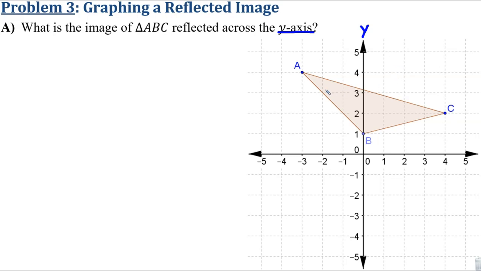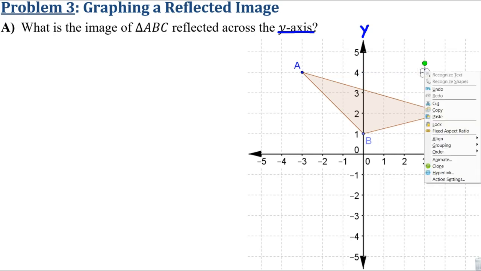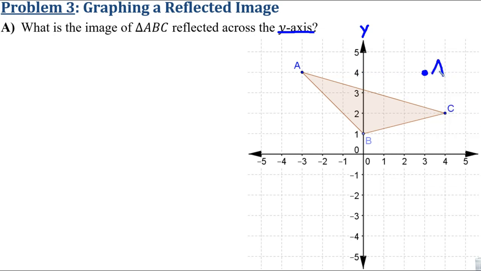Meaning that if I want to reflect across that, I'll take each of my points, where we have A, and figure out how far it is away from that line of reflection. It is 1, 2, 3 units from the line of reflection. So I'm just going to go 1, 2, 3 units in the other direction. We'll say that's my A prime. Okay, so that's the idea of taking A and reflecting it across a line of reflection.